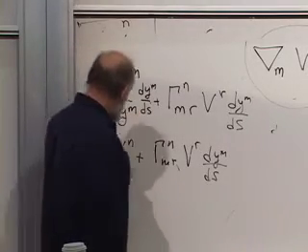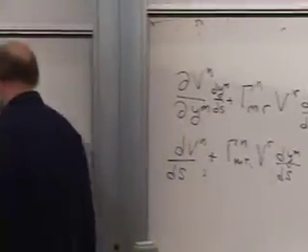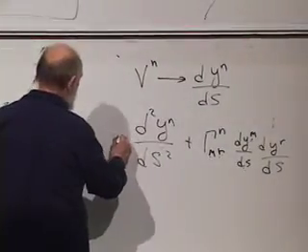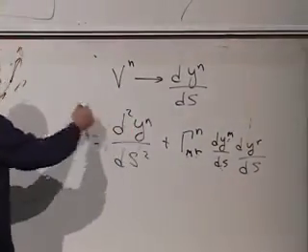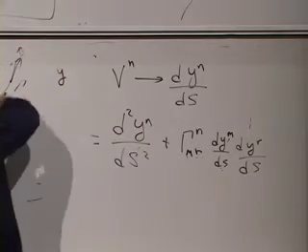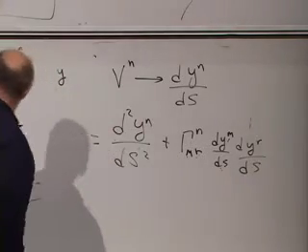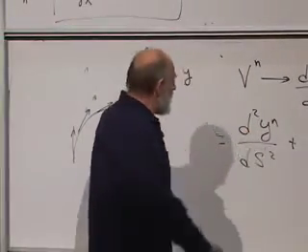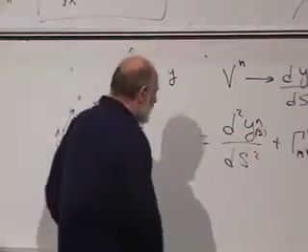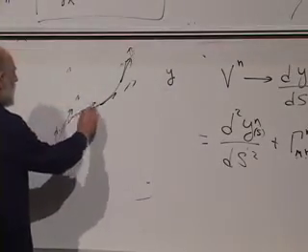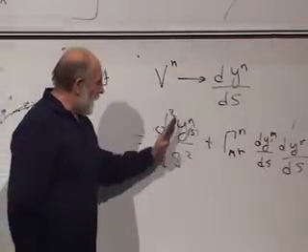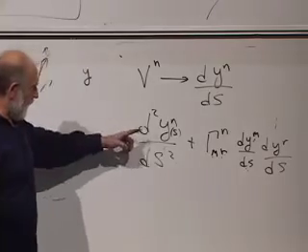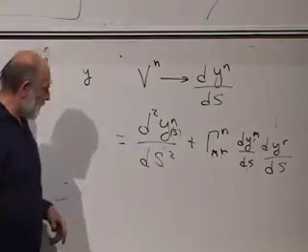Here it is. Supposing I have a curve. Along the curve has a set of coordinates y that depend on how far along the curve you are. Everywhere along the curve, y is given. Here's the tangent vector.